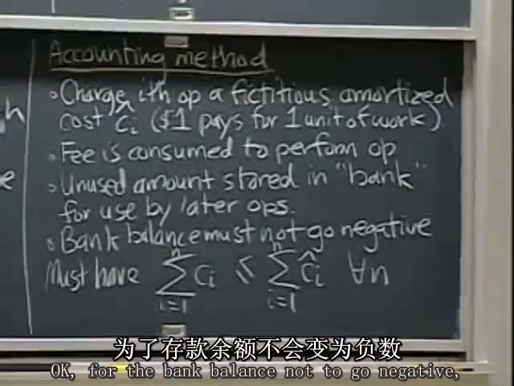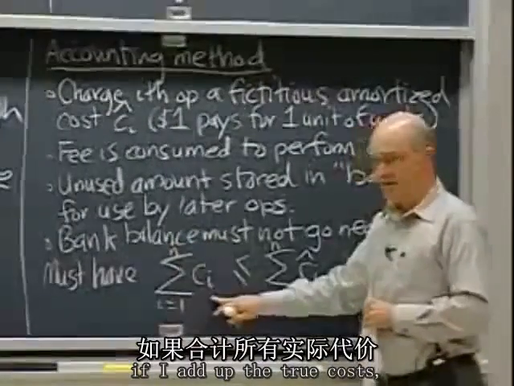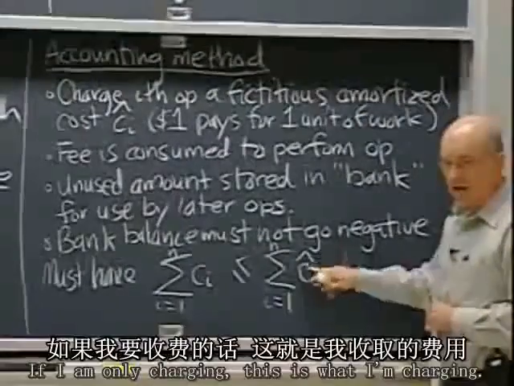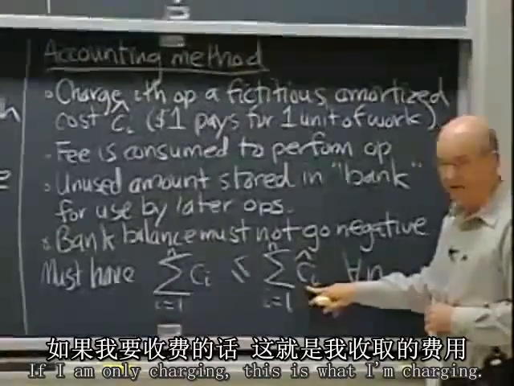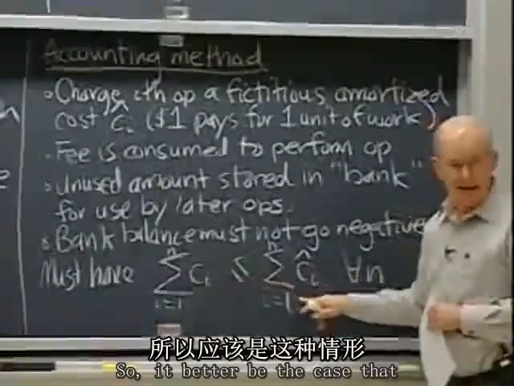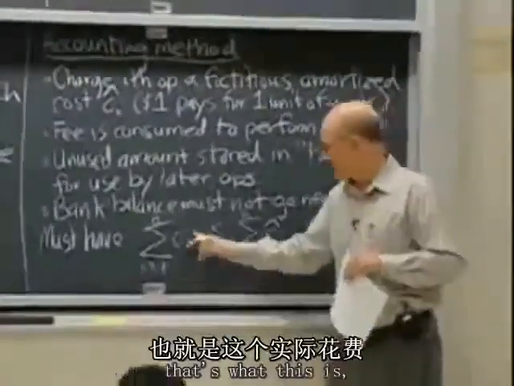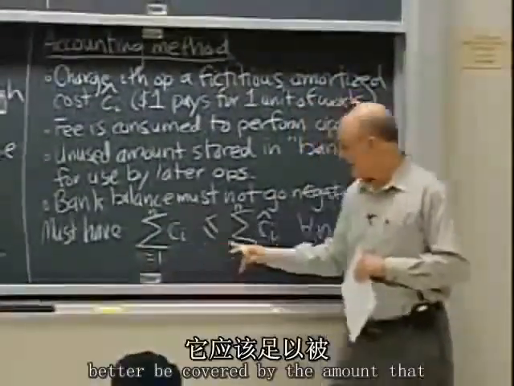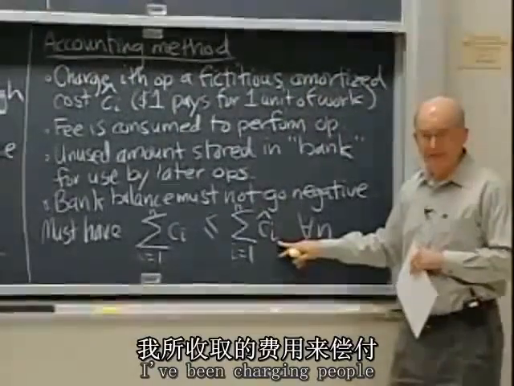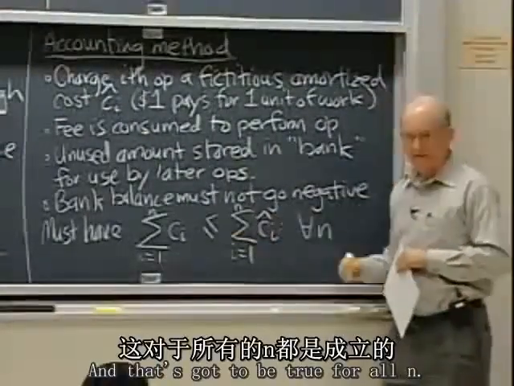Okay, for the bank balance not to go negative, if I add up the true costs, it's got to be the case that I can always pay for them. If I'm only charging, this is what I'm charging. This is what it actually costs me. So it better be the case that whatever I've actually had to pay to operate on that data structure is covered by the amount that I've been charging people for the use of that data structure up to that point. And that's got to be true for all n.